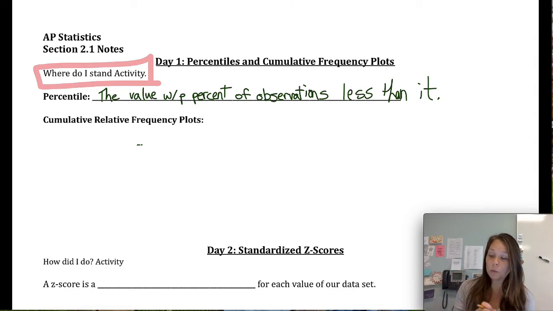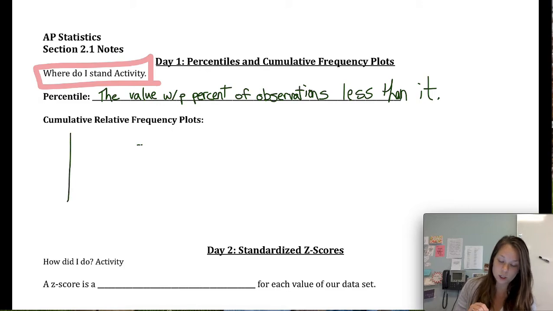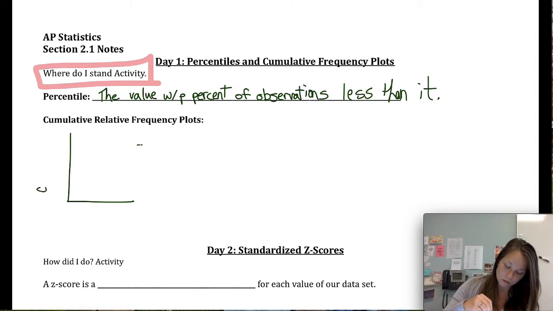How we create cumulative relative frequency plots. On this part, I just want to sketch, in general, what cumulative relative frequency plots tell us. The y-axis here is the actual cumulative frequency.